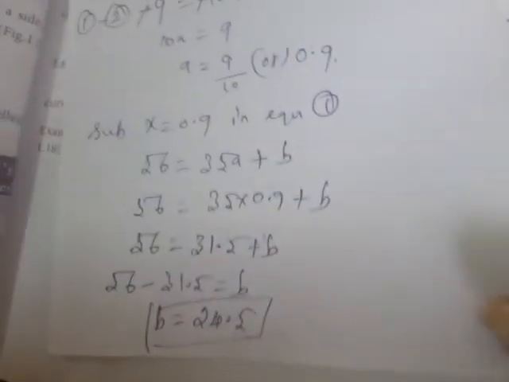Third one, what do you have to find out? Find the height of the woman. Forearm length means x is given, y you have to find out. x is 40 centimeter, y we don't know. The a value is 9 by 10, otherwise 0.9, and the b value is 24.5. So y equal to ax plus b.